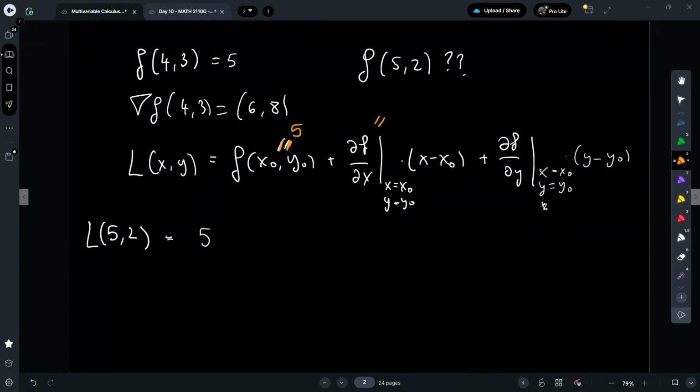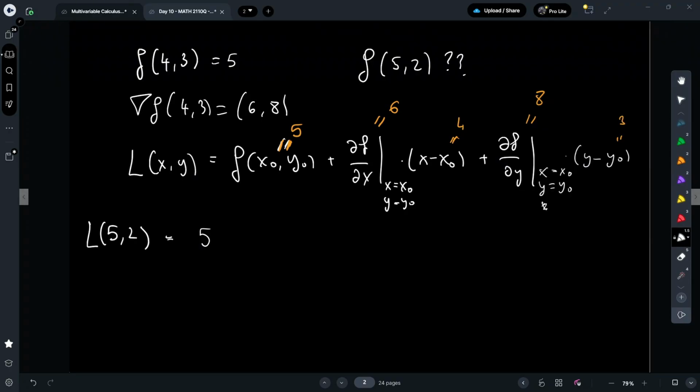In the gradient. The gradient itself, this number is the partial derivative at that point with respect to x. So this number is 6, and little x naught is 4. This number is also given by the gradient as 8, and this little number here is 3.